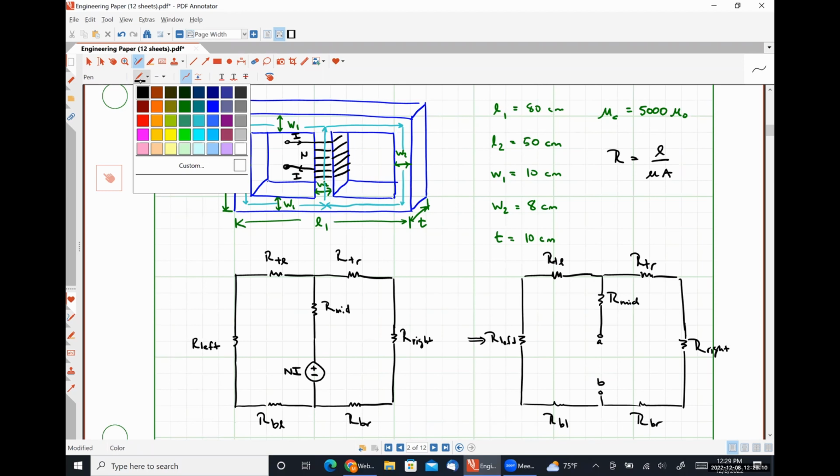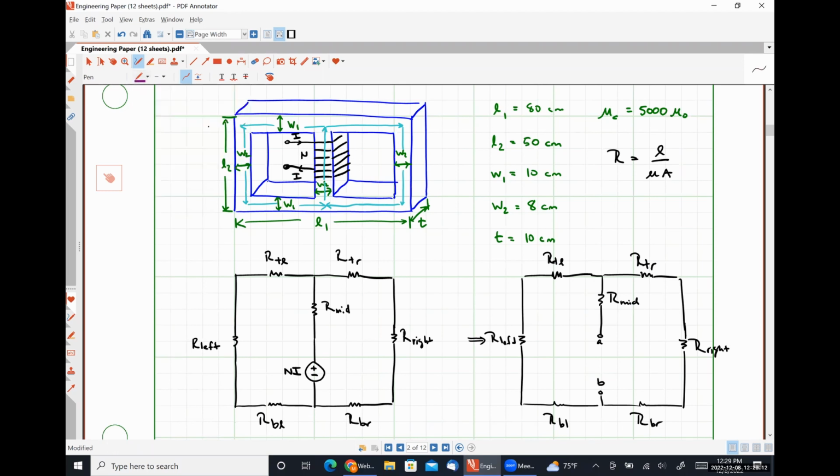Okay. So the average path of the flux, let me do this in purple here. Let's put it as L left. Is going to be this distance, right? We did something like this symbolically in class on Tuesday, okay?